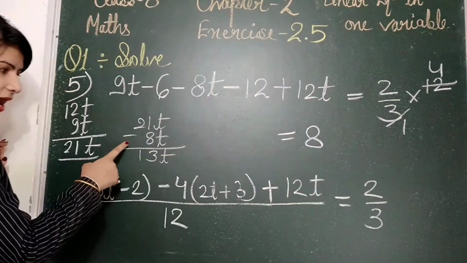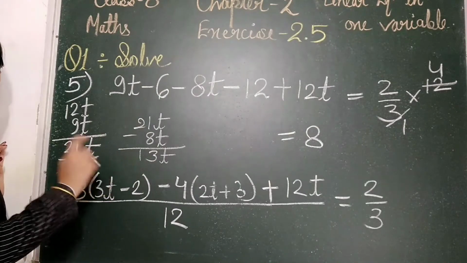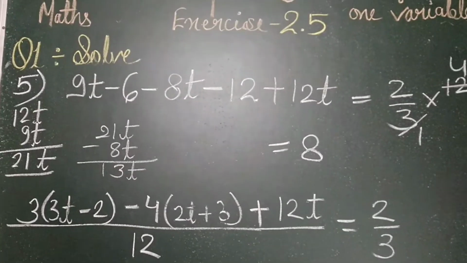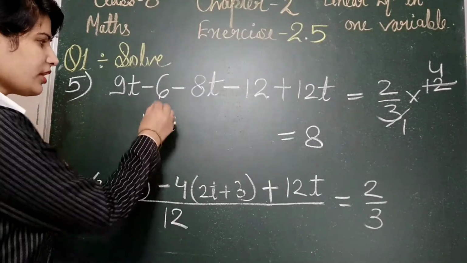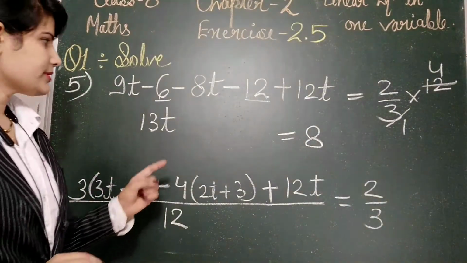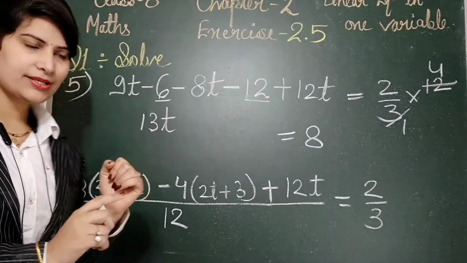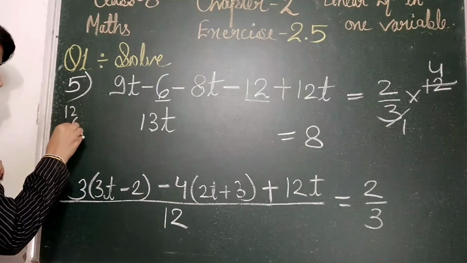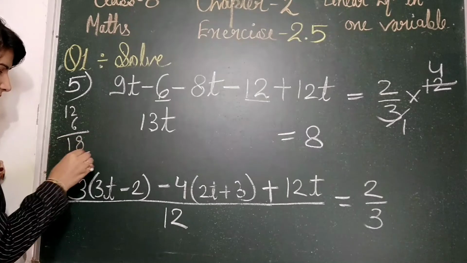And plus sign is the greater digit, so there is a plus sign. So I am writing 13t. Now the numbers 6 and 12 are not variable terms. Minus and minus: minus minus means you have to add these numbers 12 and 6. So it will become 18.